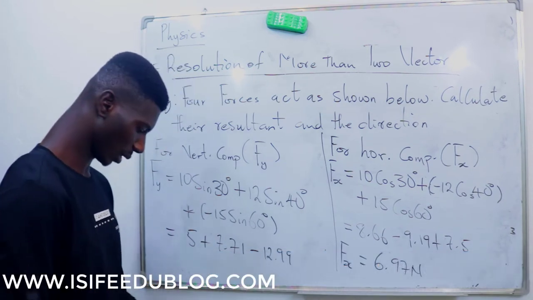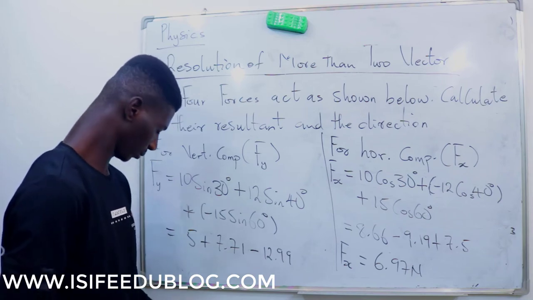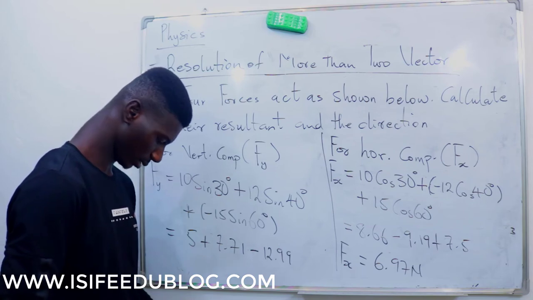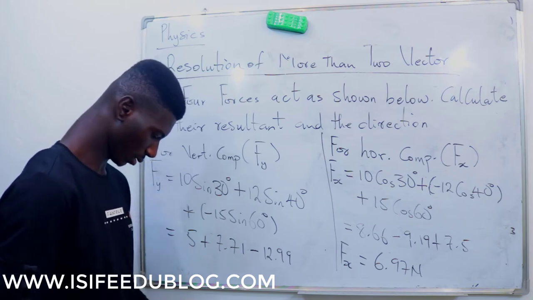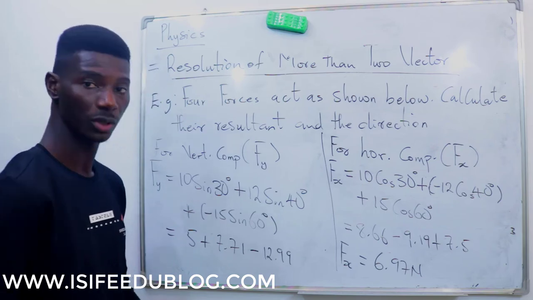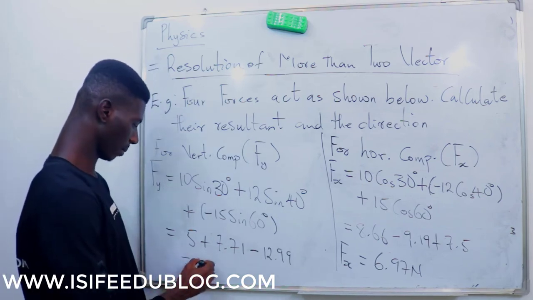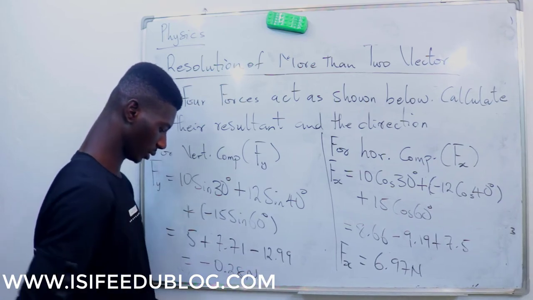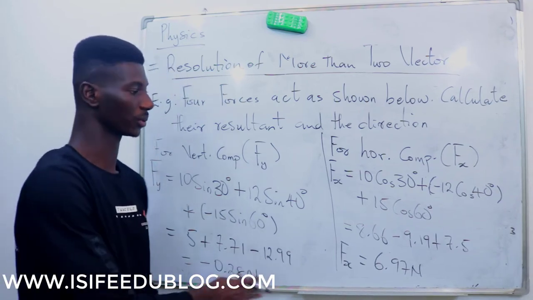So when we add this, we have 5 plus 7.71 minus 12.99. So this will give us minus 0.28 Newton.